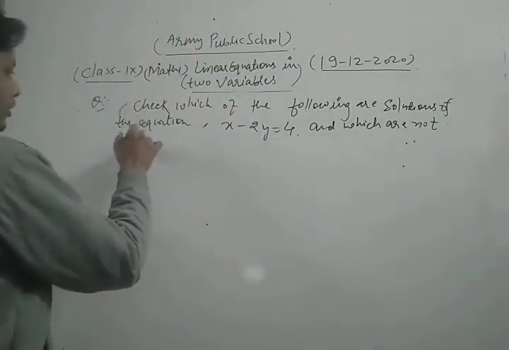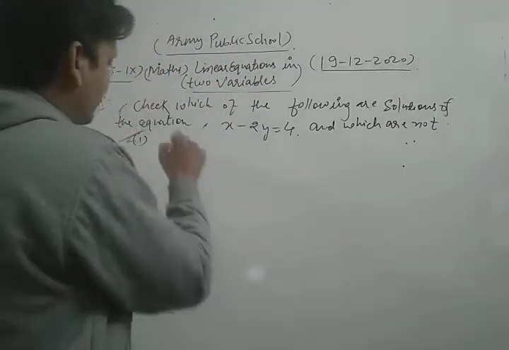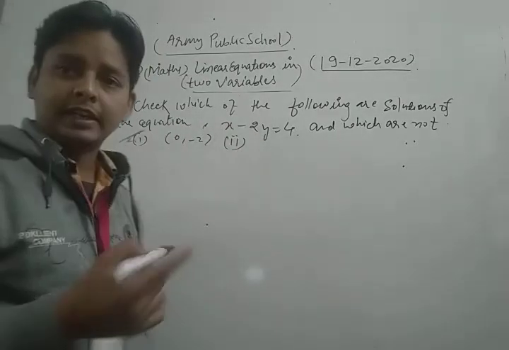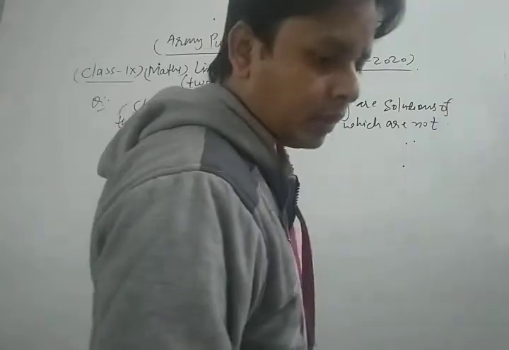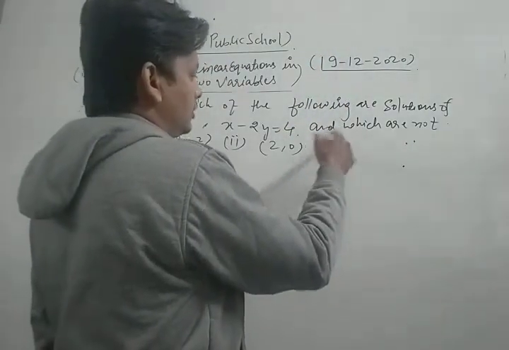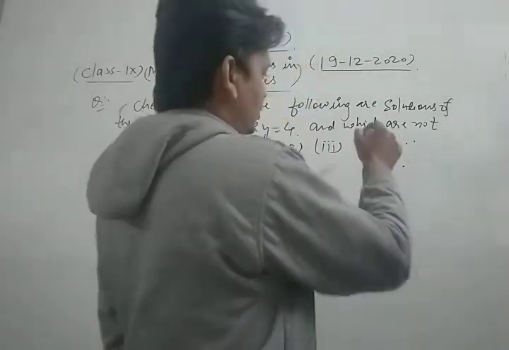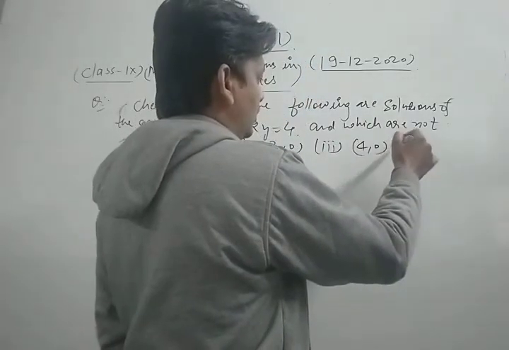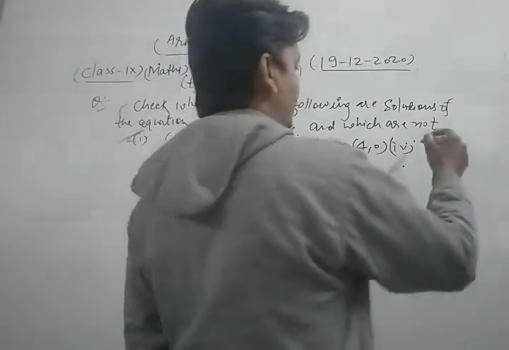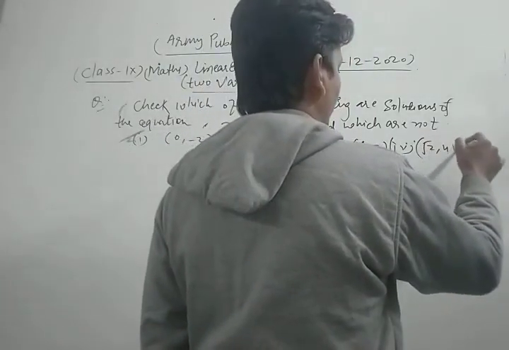The first pair of values is 0, minus 2. Second pair of values is 2, 0. Third pair of values is 4, 0, and fourth pair of values is root 2, 4 root 2.